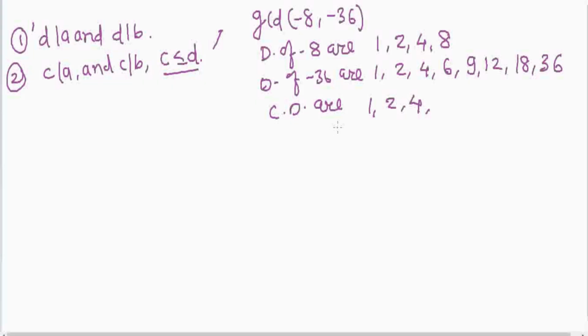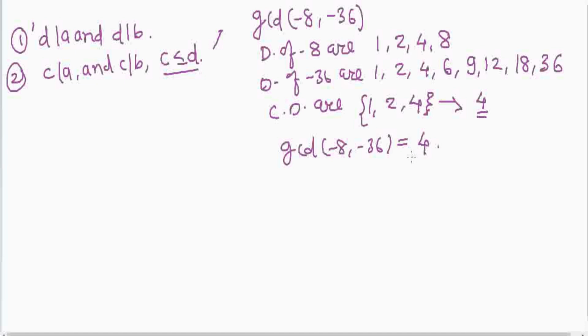So firstly we listed all divisors of both the integers, and then we listed the common ones, and from this list of common integers, which is greatest? Greatest is 4, and therefore GCD of -8 comma -36 is equal to 4.